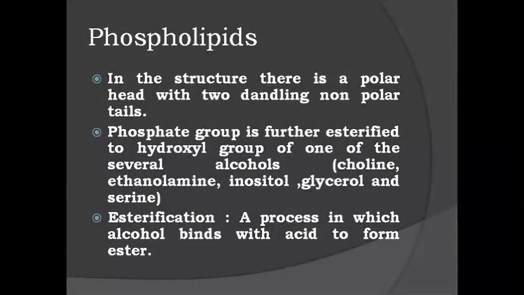The structure of phospholipid has a polar and a nonpolar end. The polar head is found with two hanging nonpolar tails. The phosphate group is further esterified to a hydroxyl group with several different types of alcohols, and on the basis of these alcohols, phospholipids are categorized into different categories.